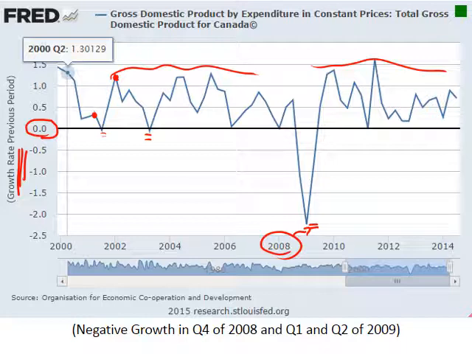So this isn't actually calculating the amount of GDP produced, it's calculating the growth rate. So as long as it's above 0, whether it's here or here, the GDP is still growing. But when it dips below, GDP is actually falling.